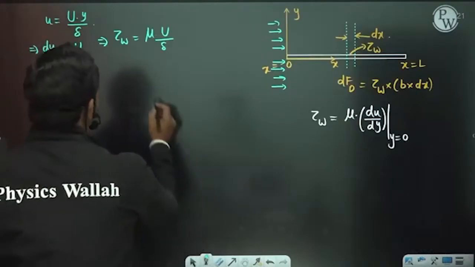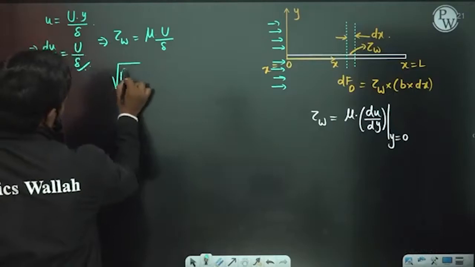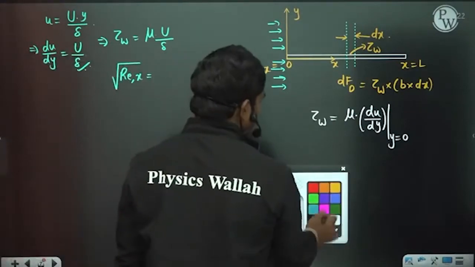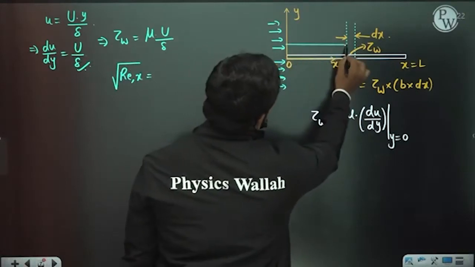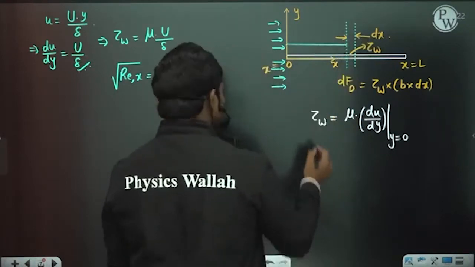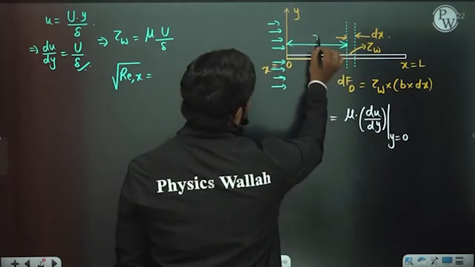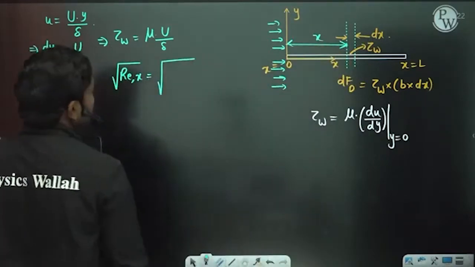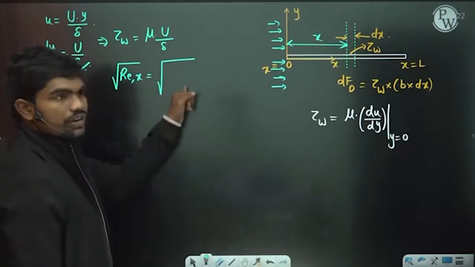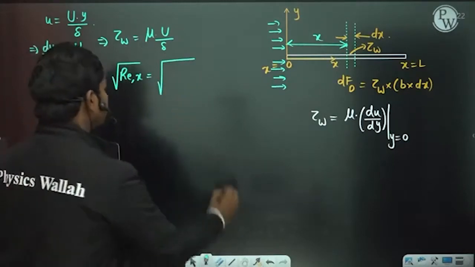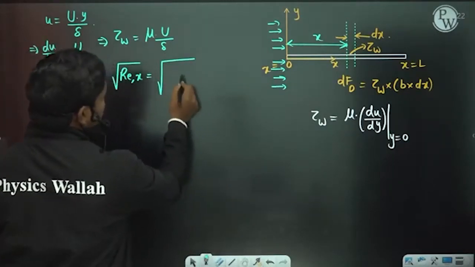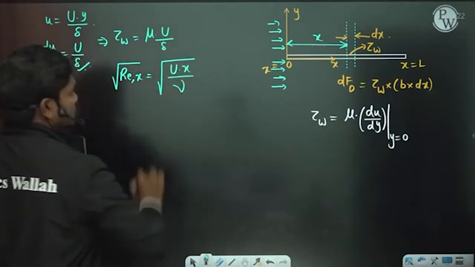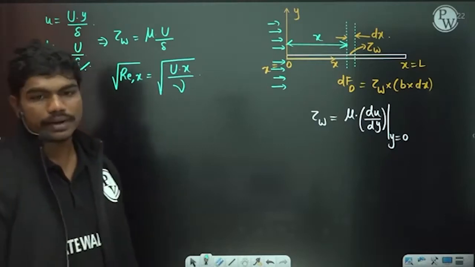What is root Rex? The Reynolds number at a section x, let us suppose this length is x. You know Reynolds number is equal to rho V d by mu, so we can write that as U x by the kinematic viscosity nu.